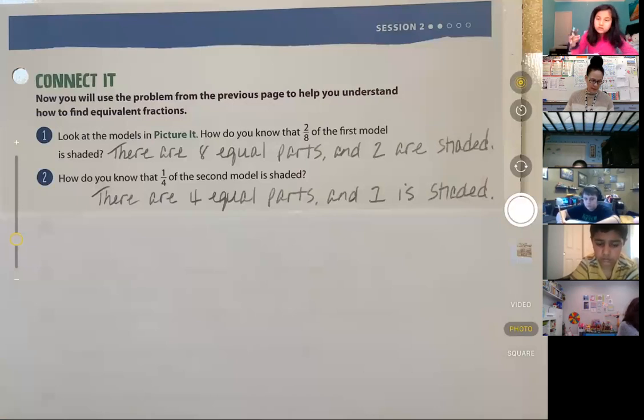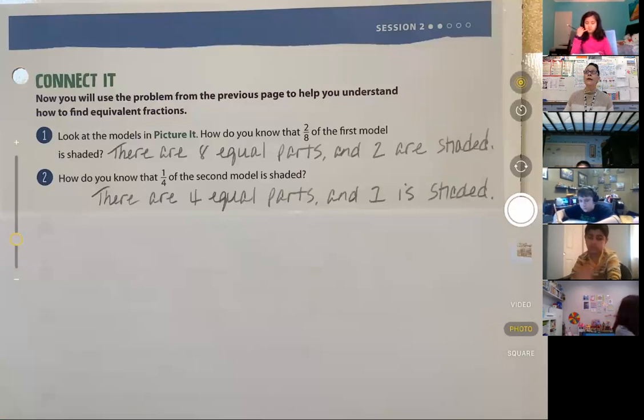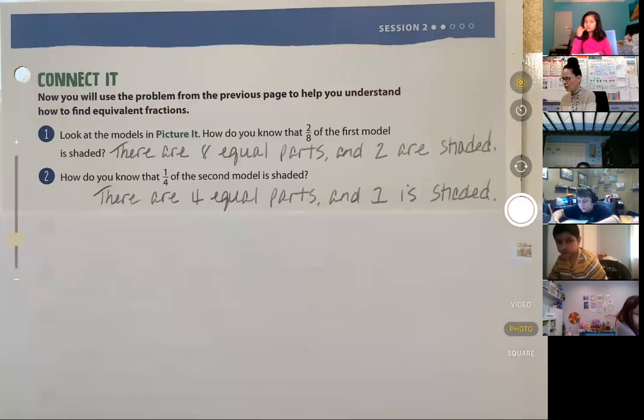And question 3 is asking, explain how the models show that the fractions 2/8 and 1/4 are equivalent. Very, very important here, friends, on question 3.